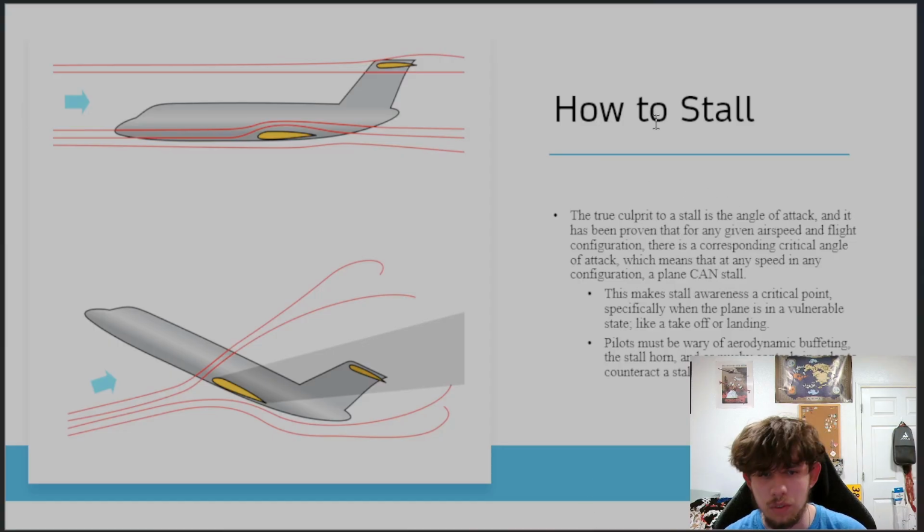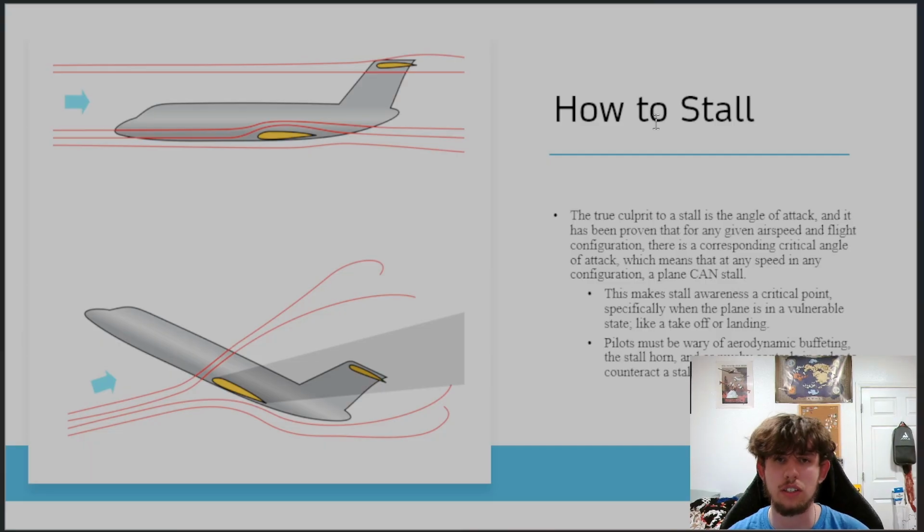As we said, the culprit of a stall is the AOA, the angle of attack. You need to be very aware of how a stall can form, and what can make a stall worse. You're most vulnerable in your low, slow states like takeoff or landing, because the airplane is already going slow.